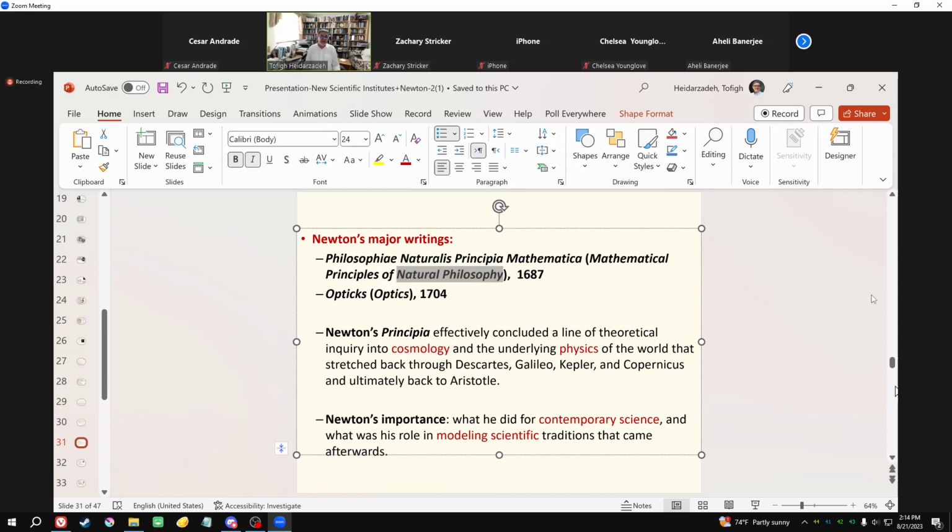Newton's Principia became a role model for other scientists to do the same thing. As Newton, by discovery of three laws of motion and gravity and application of mathematics, was able to discover everything, other contemporary scientists tried to do the same thing.